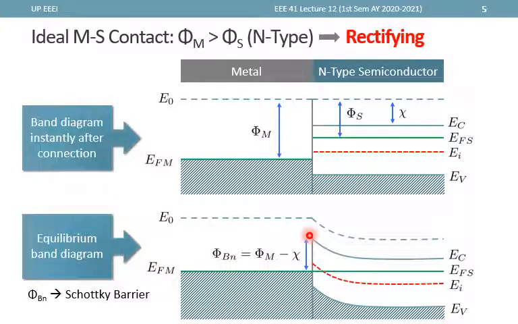Now we note that this is what we call a rectifying MS contact because of the presence of this barrier right here, which is abrupt from this point going to the semiconductor.